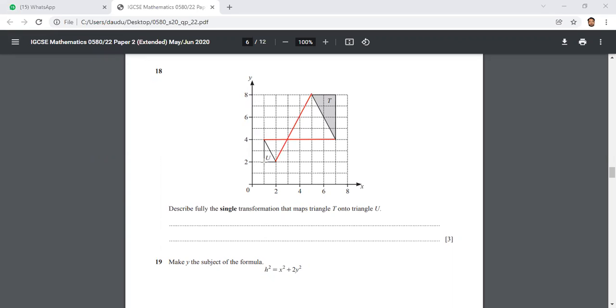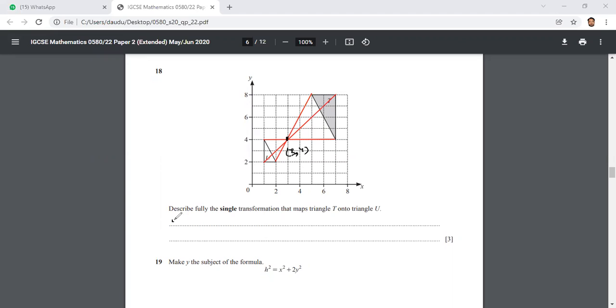And if you want to draw one more line, so as you can see, these three lines intersect at a point, and that point represents what? So the point here, this one, it is basically 3 along the x-axis and 4 on the y-axis, 3, 4. So that is your center of enlargement. And sure, it is an enlargement.